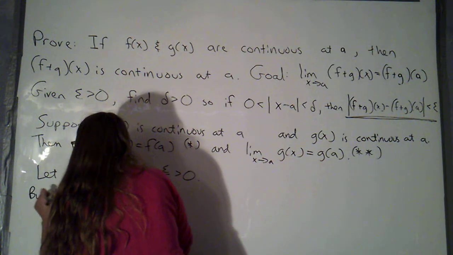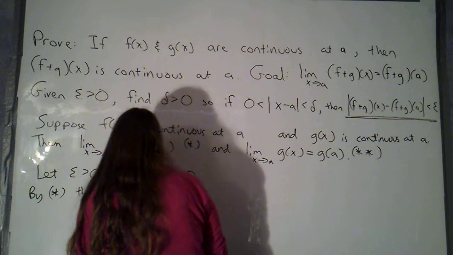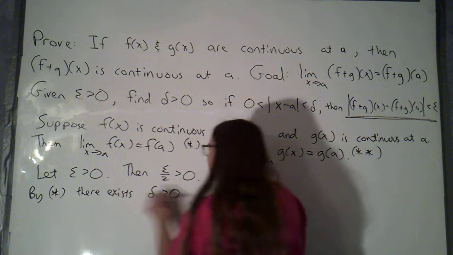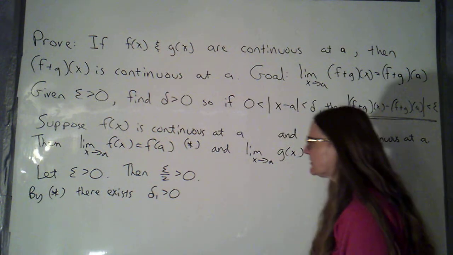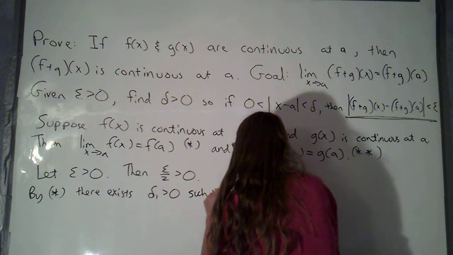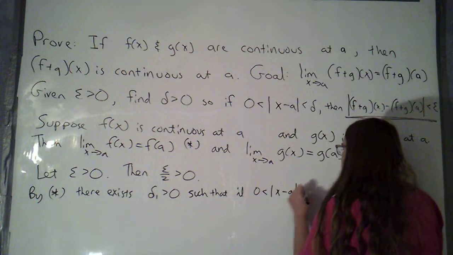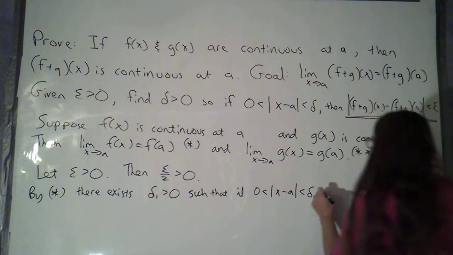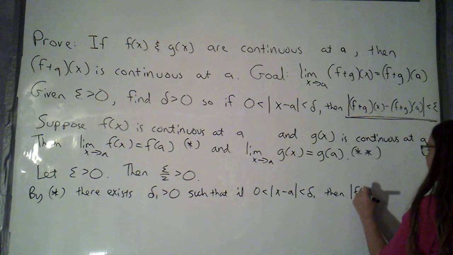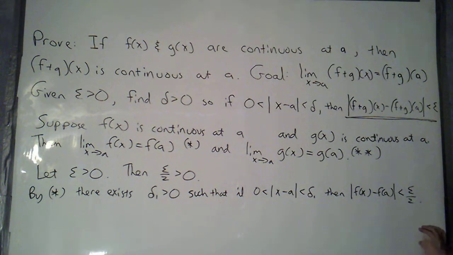So by star, I know that there exists some delta, I'm going to call it delta 1 because I've got two functions here, some positive number delta 1 such that if 0 is less than the absolute value of x minus a is less than delta 1, then the absolute value of f of x minus f of a is less than epsilon over 2.